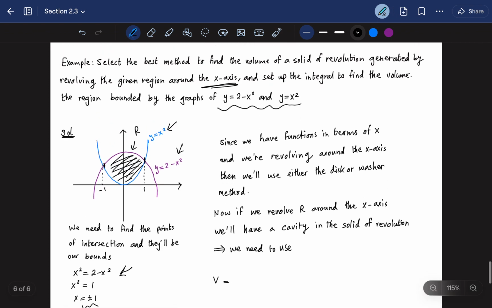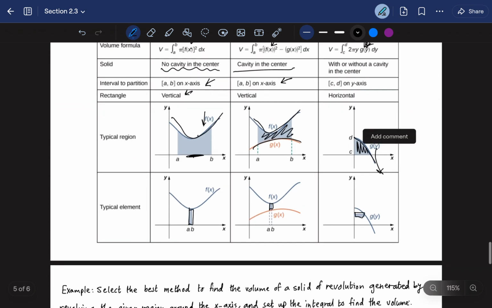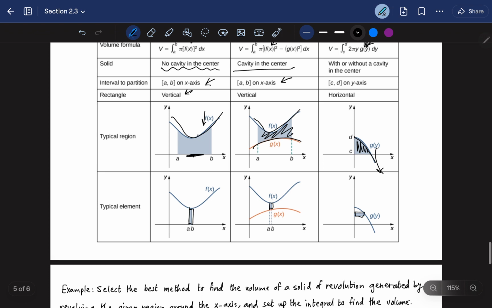Okay, so let's back up. I have functions in terms of x, and I'm revolving around the x-axis. Same variables, so this means I'll either use the disk or the washer method. But which one would be useful here? If you look back, the typical region for a washer is an upper and lower function.